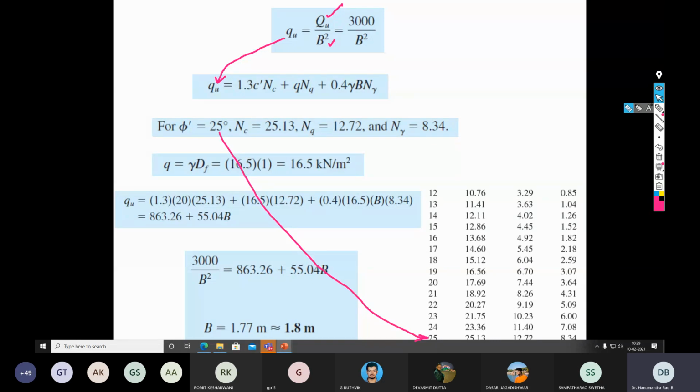So two unknowns, one equation. I can even further make complication by not giving the Df value. So here what we need to do is keep on assuming one value. So assume initially Df of some value and length of some value and keep on calculating the width, or assume width and calculate the length, whatever it is.